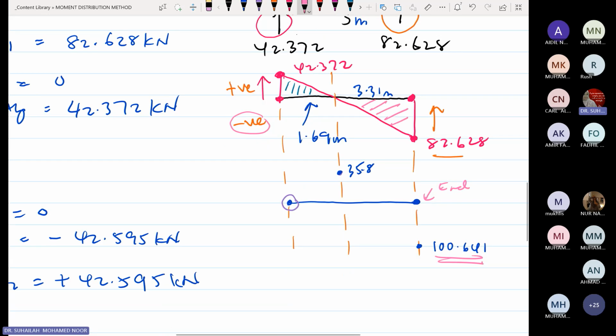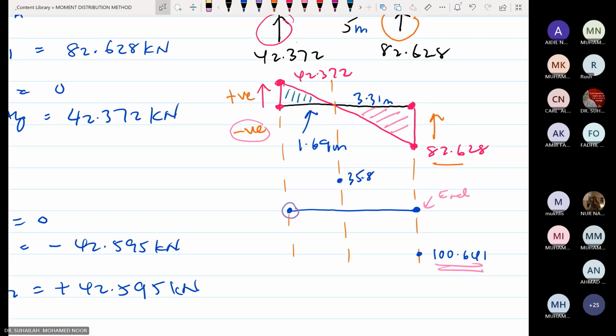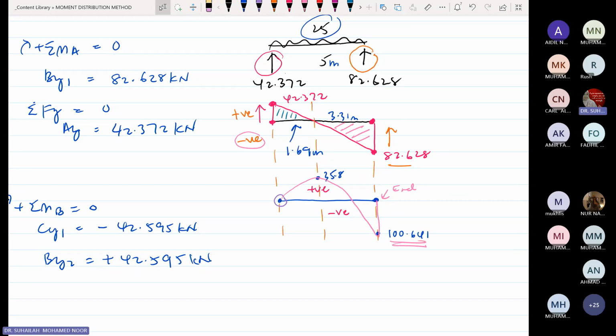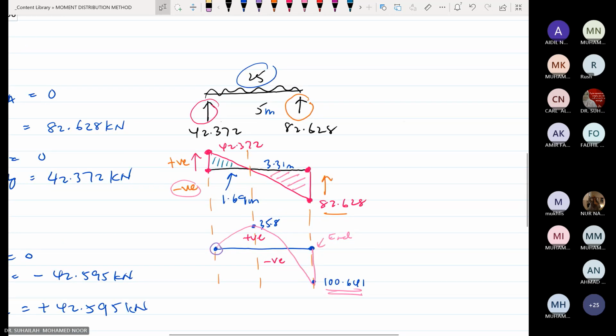Okay, so curve, because dia UDL curve, so you dapat okay, so this is positive. Okay, this is negative. Okay, this is BMD for AB.